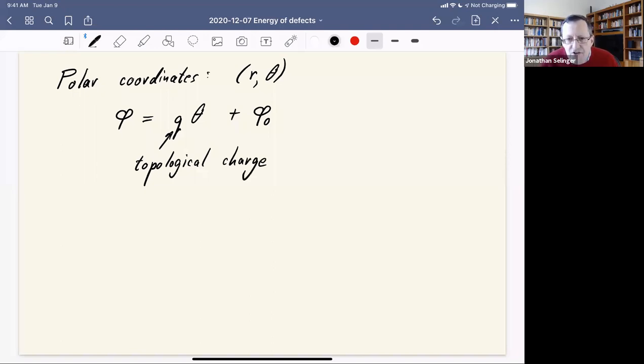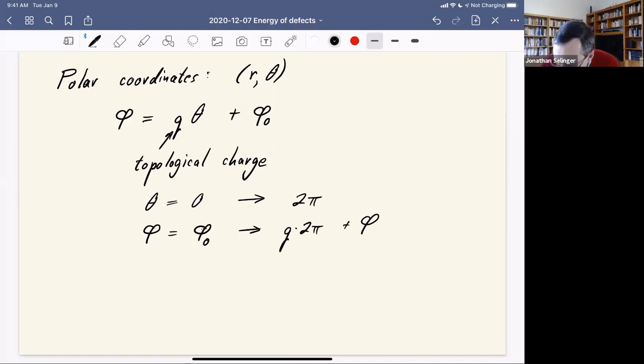So what this tells us, to make this seem reasonable, is if you go about the full circle, that is, if theta goes from 0 up to 2 pi, then the angle phi goes from phi 0 up to q times 2 pi plus phi 0.